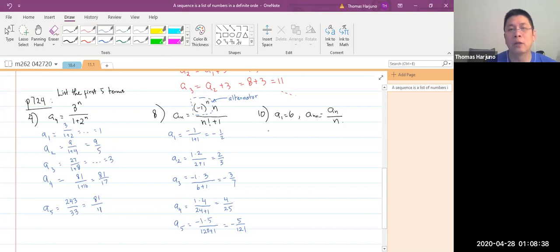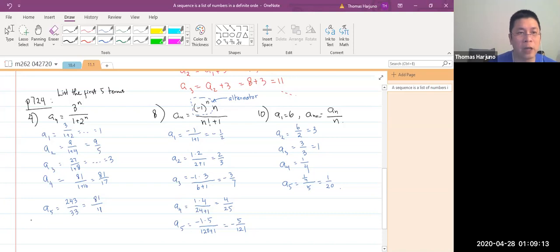Number 10, I already have a1, then a2 will be the previous term over 2, that's 3. a3 is the previous term over 3, 1. The fourth term is the previous term over 4. The fifth term is the previous term over 5. That's 1 over 20. We usually write the first 5 terms in order.